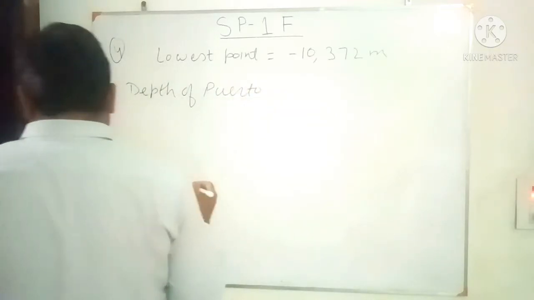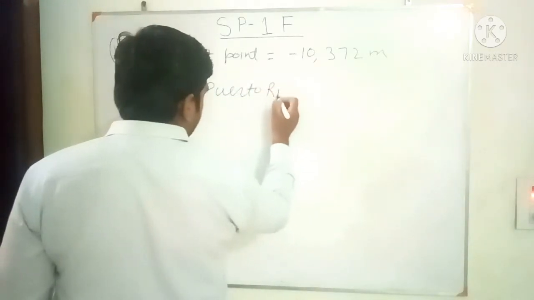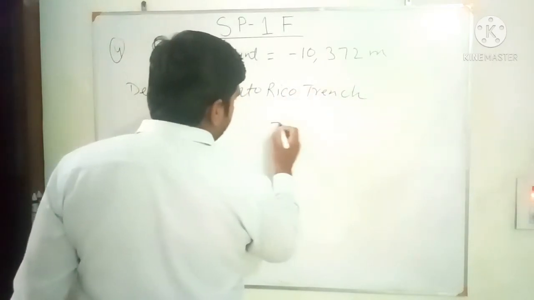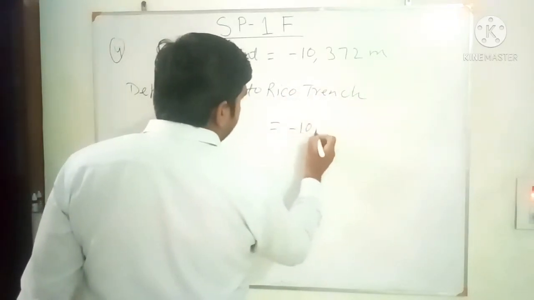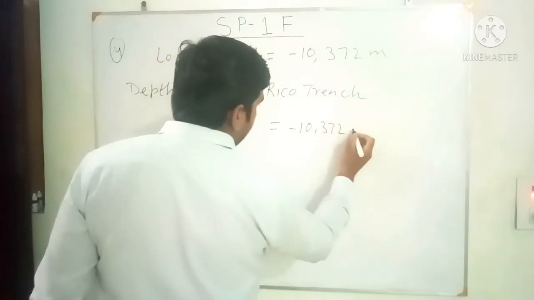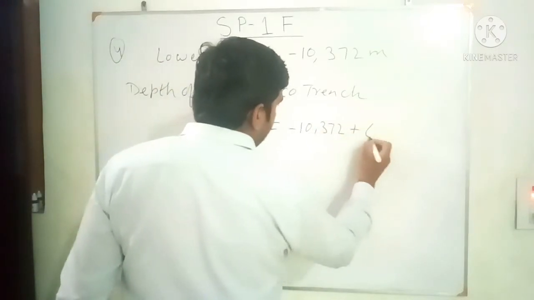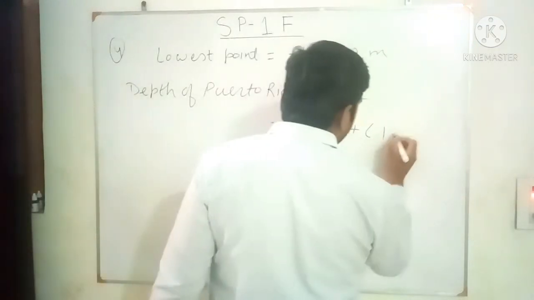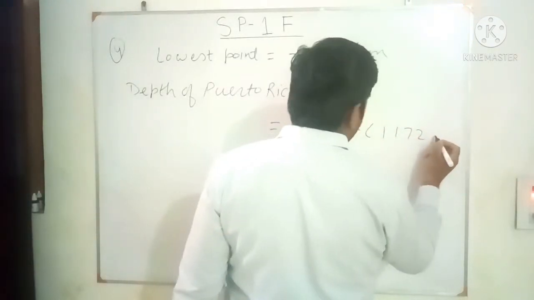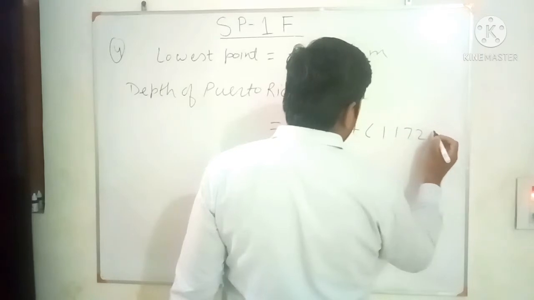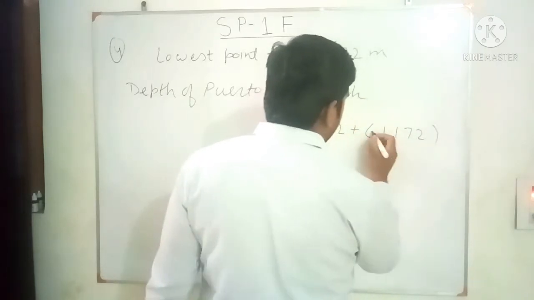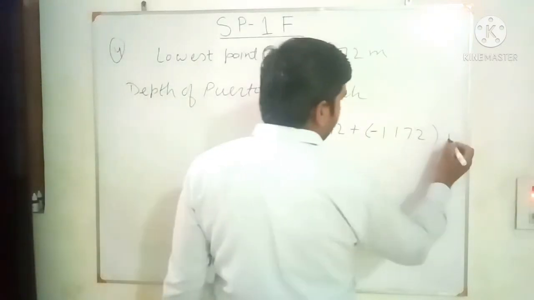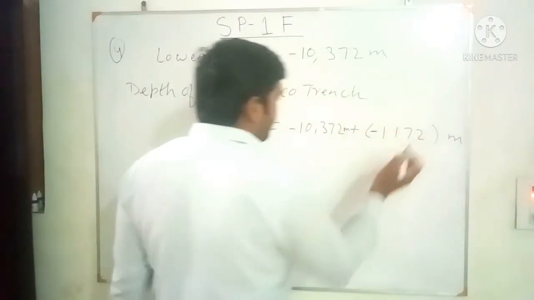Depth of Puerto Rico Trench is equals to minus 10,372 plus, and minus you write 1172. Okay, minus 1172. Both should be in the meter. This also in meter.